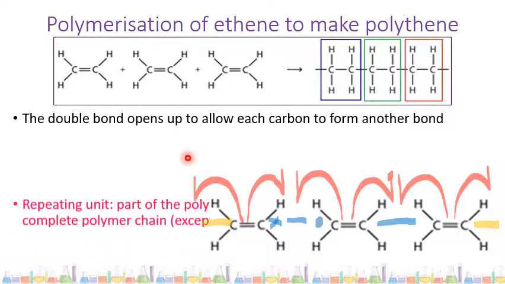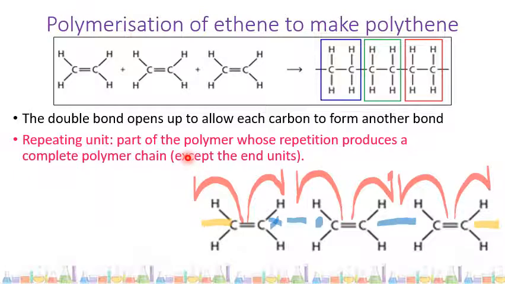So it's the same thing repeating over and over again. The repetition of this repeating unit is what creates the polymer. It's important to note that the end units are going to look different. The very end of the chain is going to look slightly different because whatever carbon we have on the end is going to have a hydrogen attached to it to complete its outer shell.